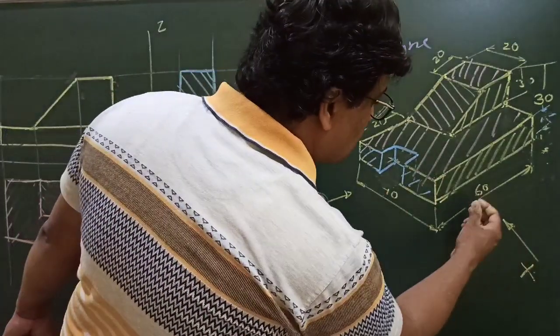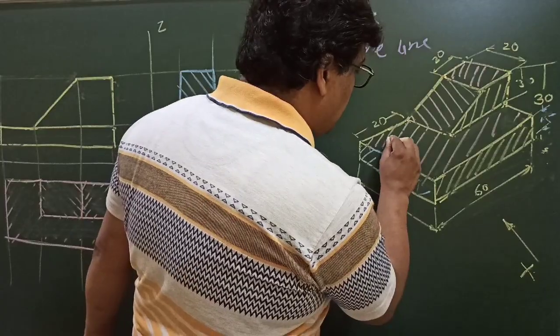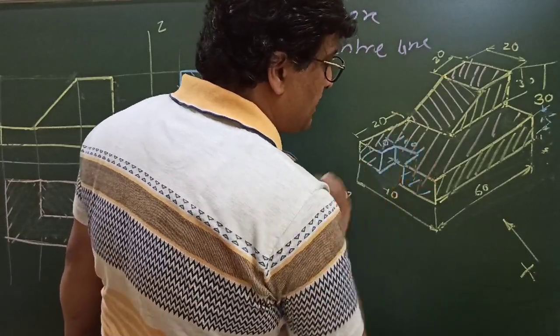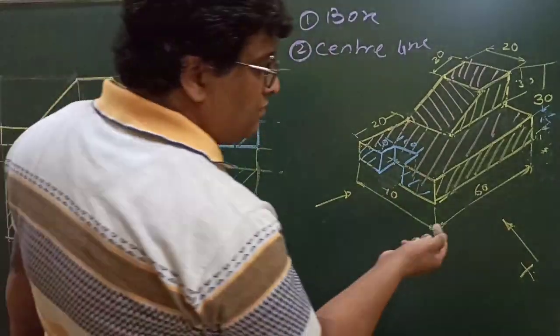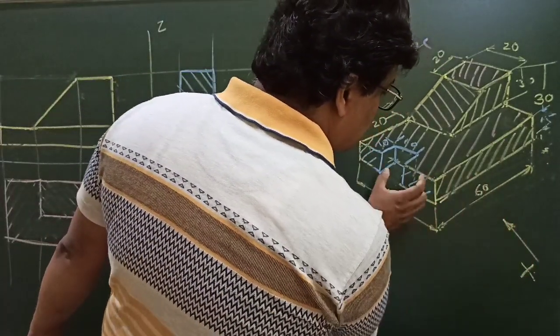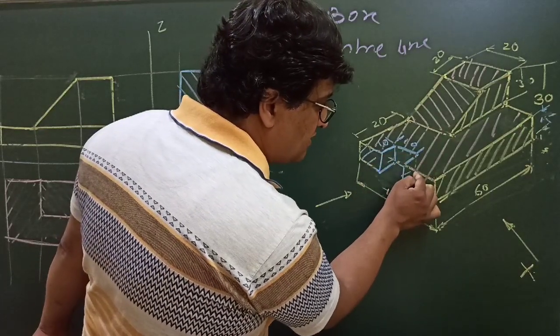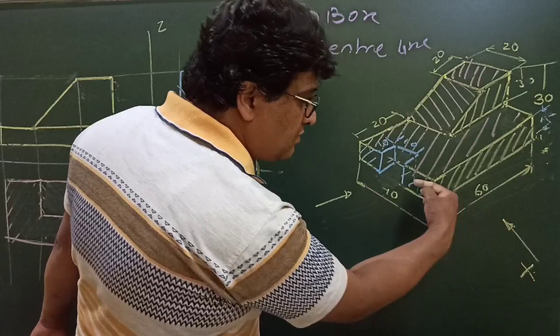You are looking from this side, say this is 10 mm, the depth is 10 mm, here also it is 10 mm. So what you have to do, you are looking from this direction, so these lines are not visible. This line and this line are coinciding with each other and this line is not visible to you.